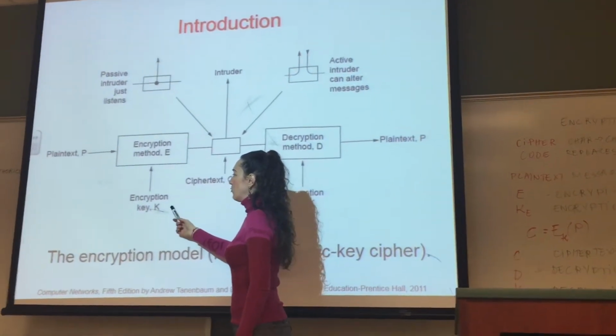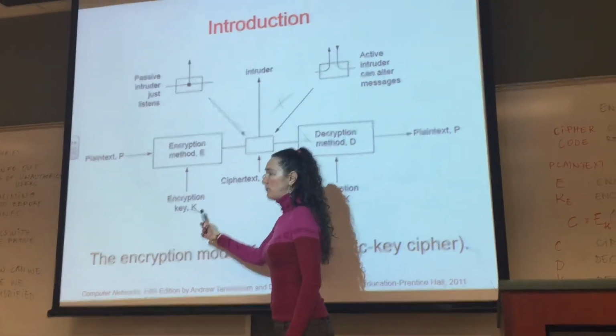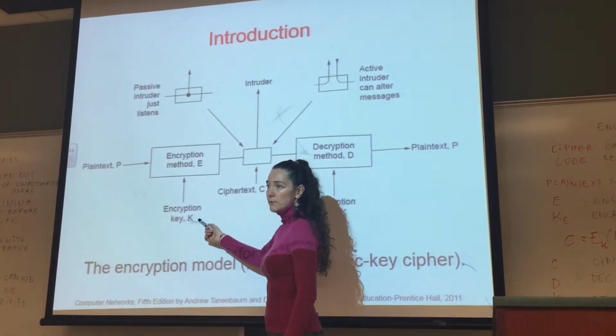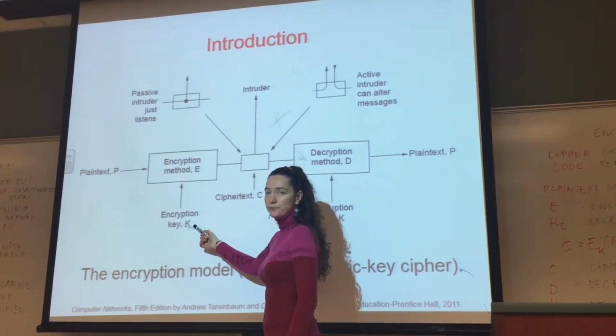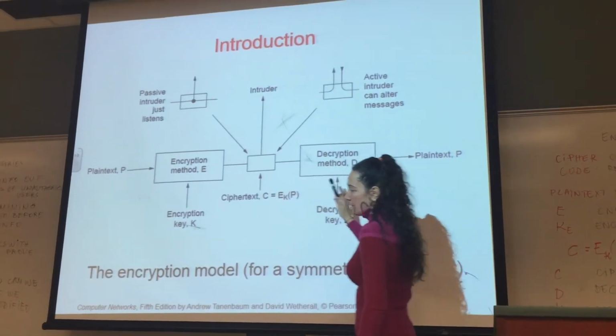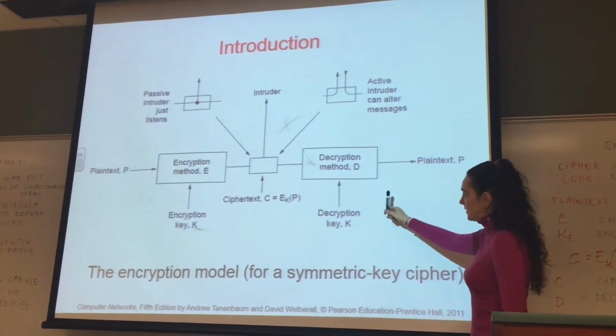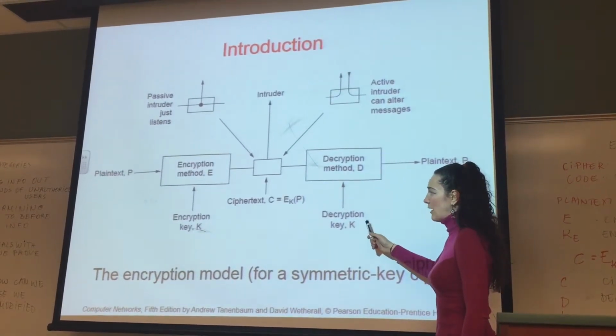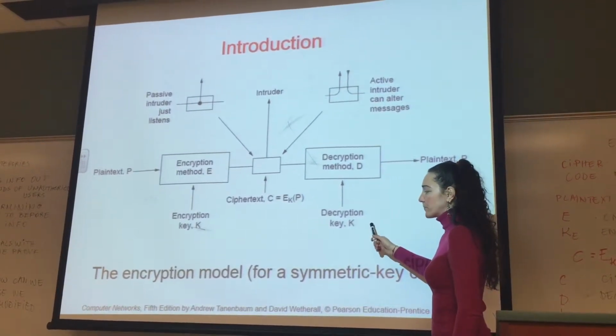And anybody who wants to talk to them would use the public key to encrypt, apply the encryption method, encrypt the message or the communication and send it through the network. And then the only person or company that can decrypt that message is the one that has the private key matching.